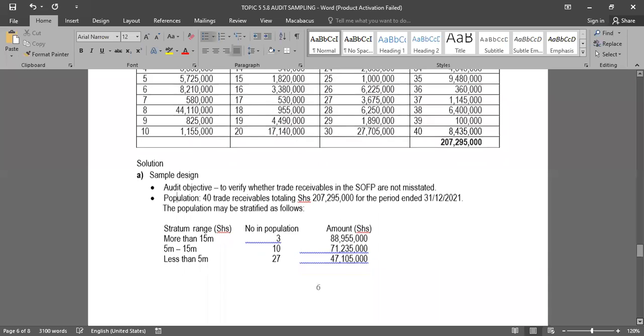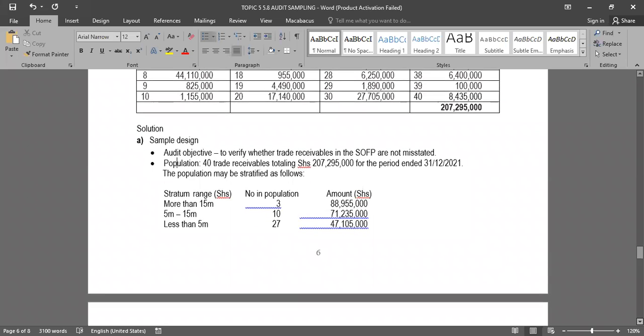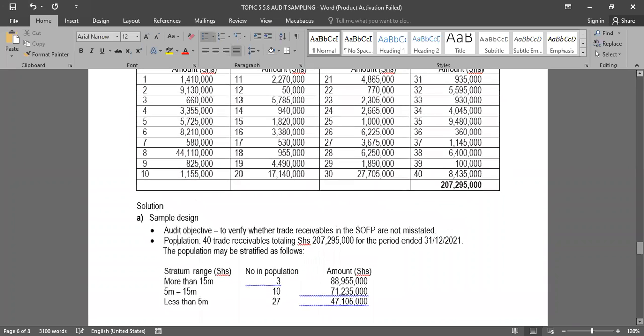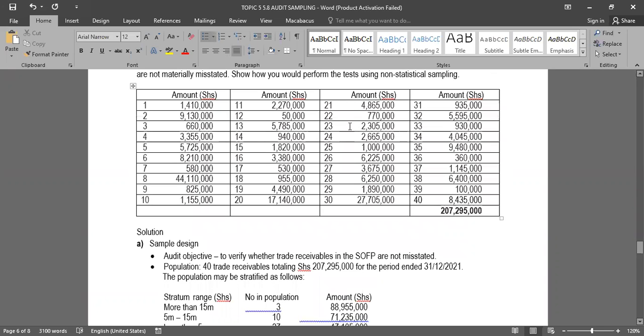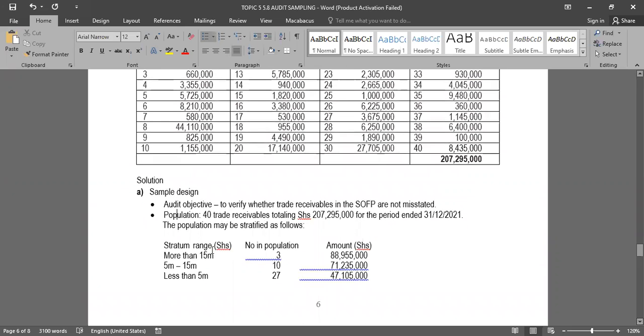Stratification is where you group items of similar characteristics together. When you look through these items, some are very big, some are medium, and some are very low in value. So they had two clusters or strata. One is more than 15 million, and there are only three.